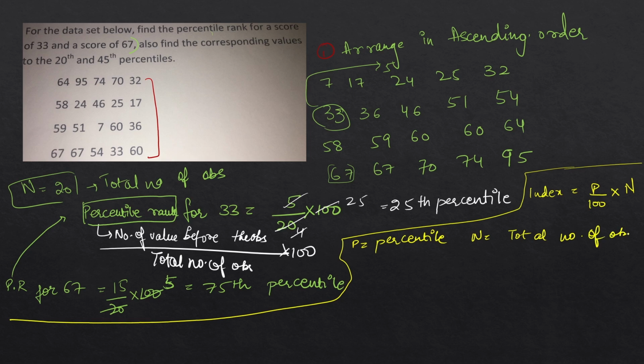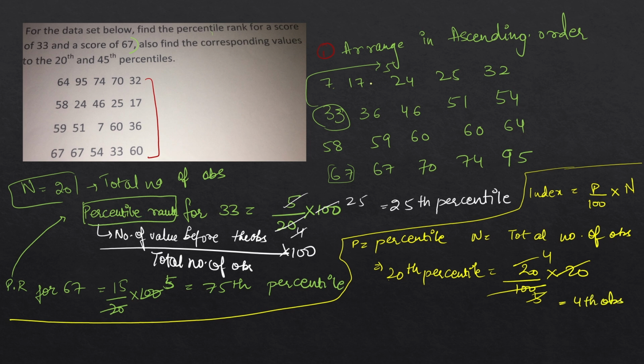All right. So here for the 20th percentile, this would be 20 upon 100 into 20. So this would be 4. All right, fourth observation. The fourth observation is 1, 2, 3, 4. So this is 25.